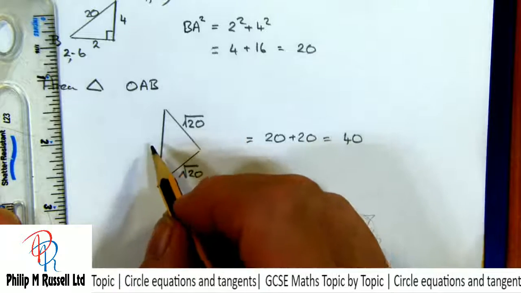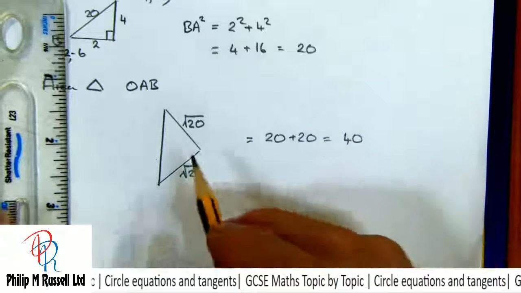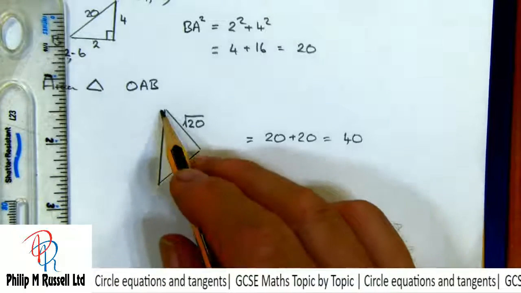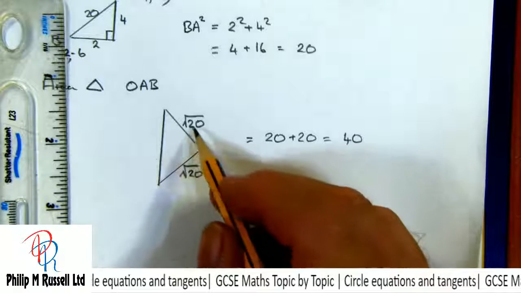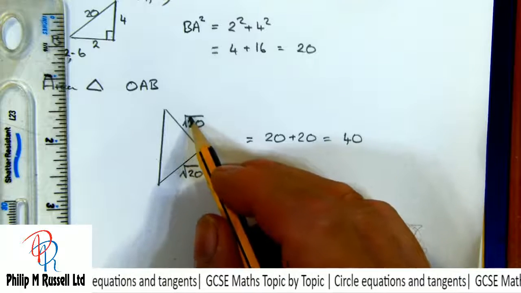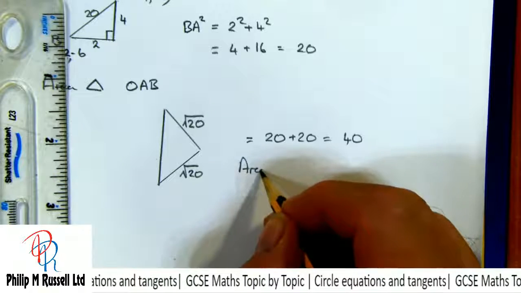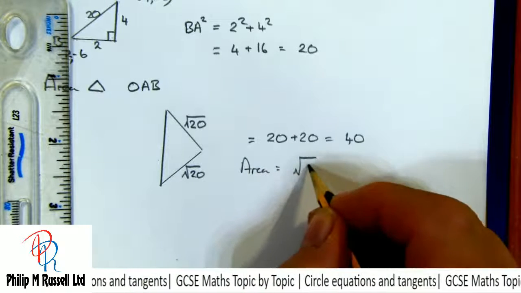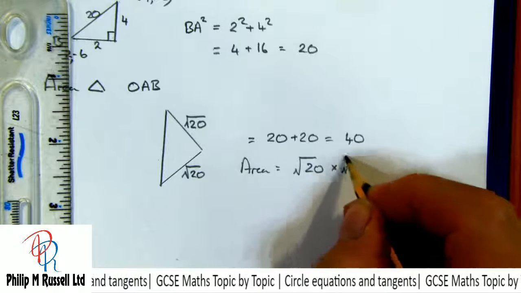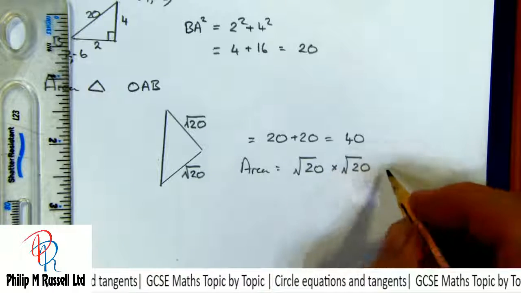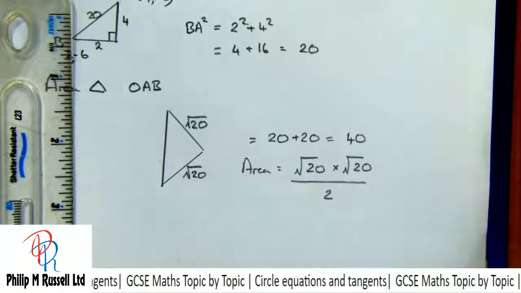So we can work these things out to work out the length of that, but I want to work out the area, and my area is going to be the square root of 20 times the square root of 20, all divided by 2.